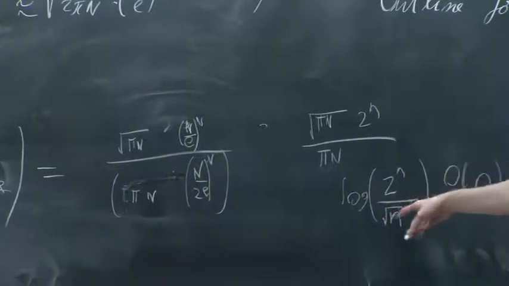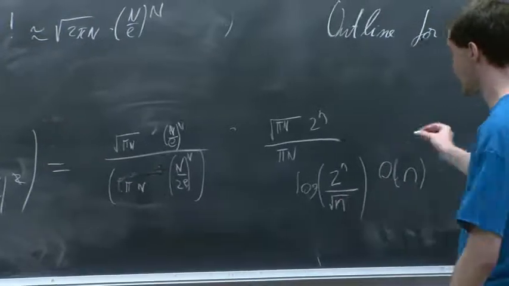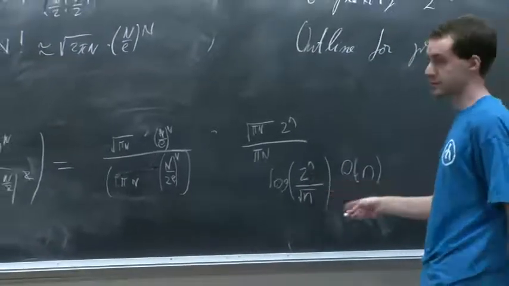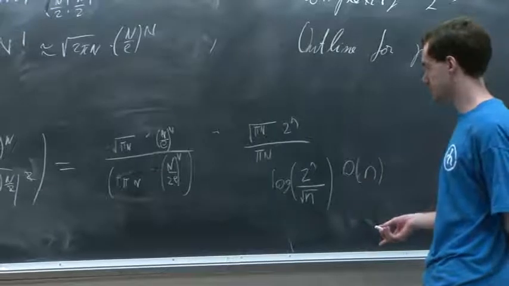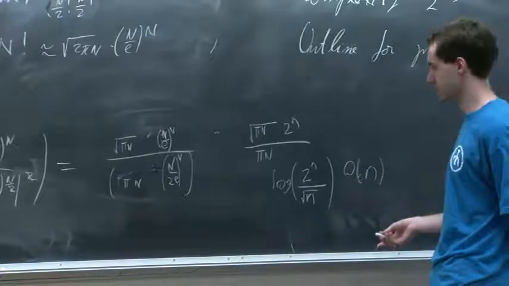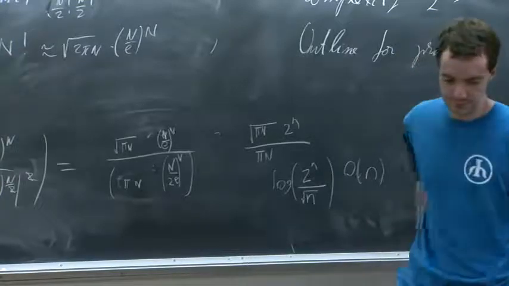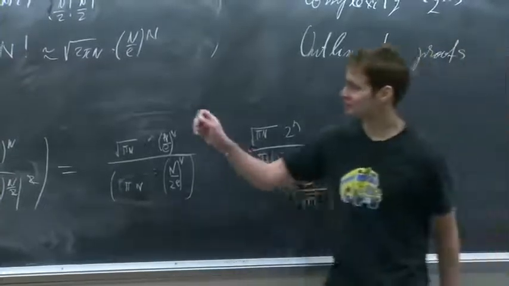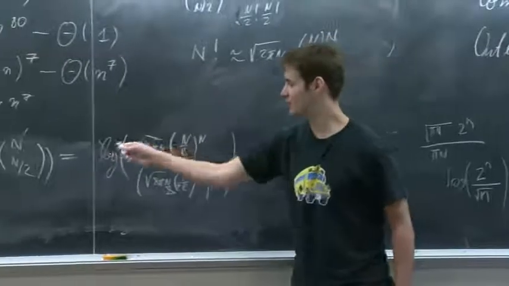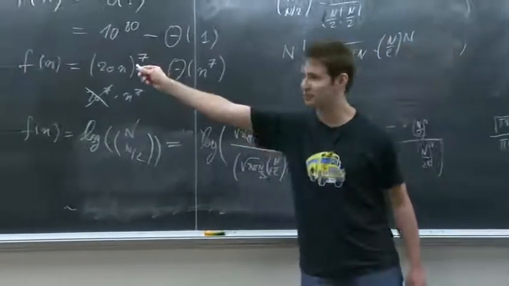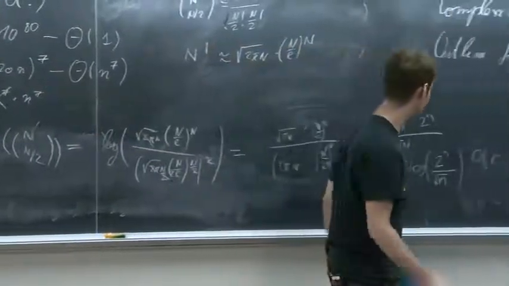Since it's log, you can turn it into log of 2 to the n minus log of square root of n. Log of 2 to the n is a much greater complexity than square root of n. Sweet, thank you. So see, a complicated formula, even more complicated formula came out to be one of the numbers that I promised it would come out to.